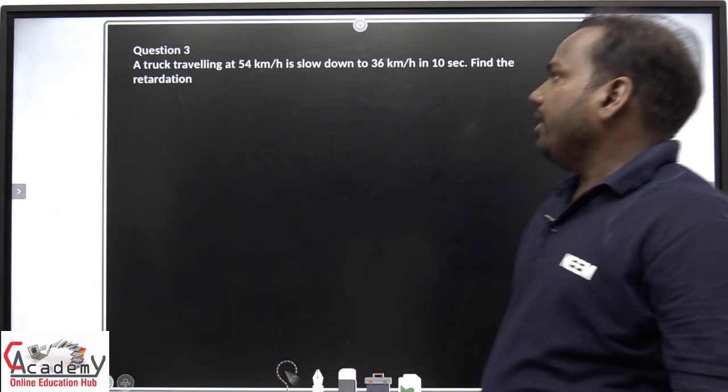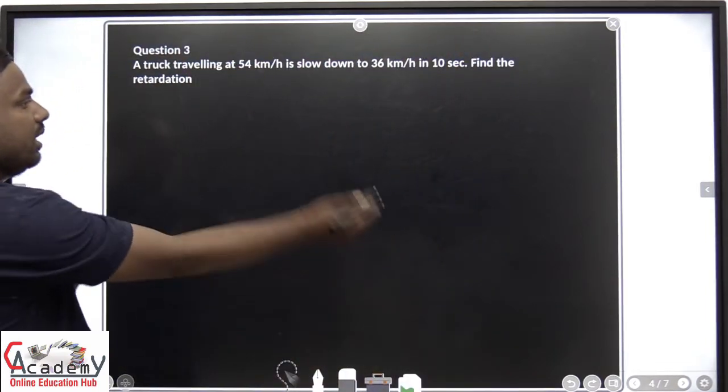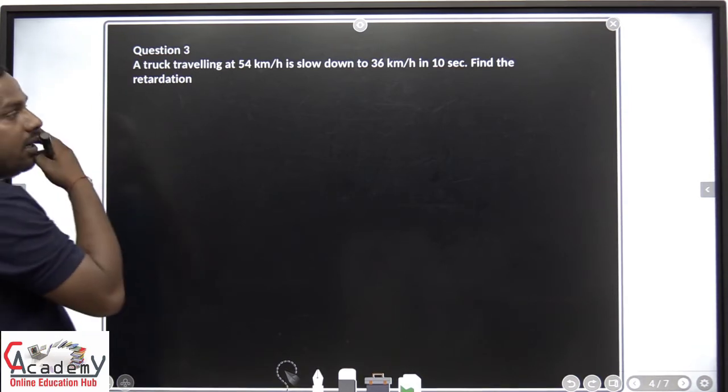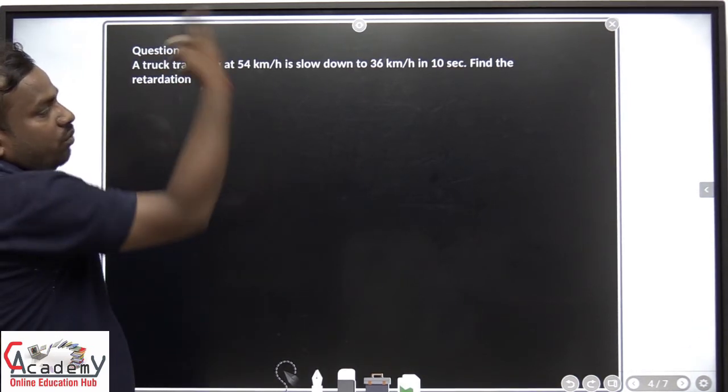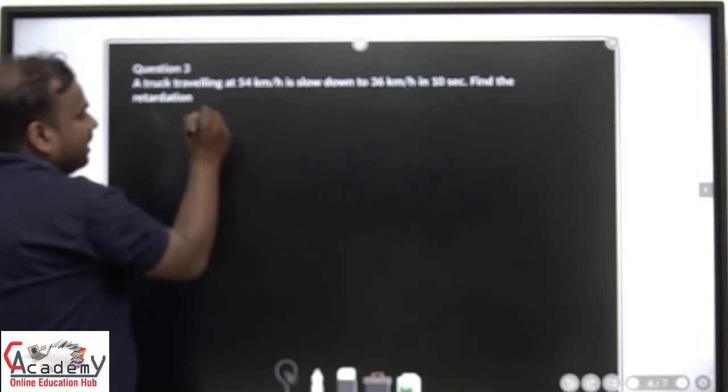a truck traveling at 54 km per hour is slowed down to 36 km per hour in 10 seconds. This is the opposite of the first question; there the velocity changed from 36 to 54, here the velocity changes from 54 to 36. So what is the initial velocity?